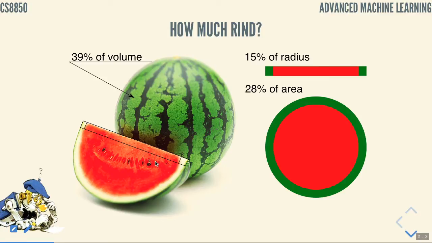The total volume of the whole watermelon consists of the rind, and increase the rind just a tiny bit, and you probably are buying more rind than the flesh. So that's an example of what happens, maybe counterintuitively, but maybe not, we'll see, in multiple dimensions.